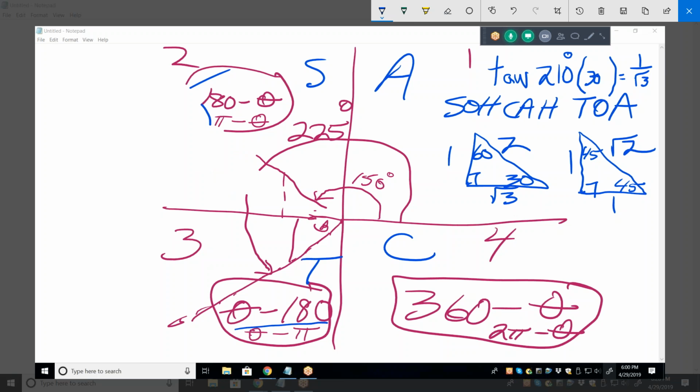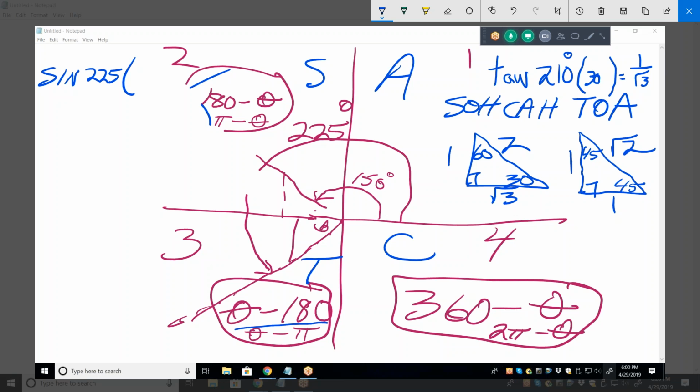Let's see. Over here in the upper left, sine of 225. You work me through the rest of it. Let's see.